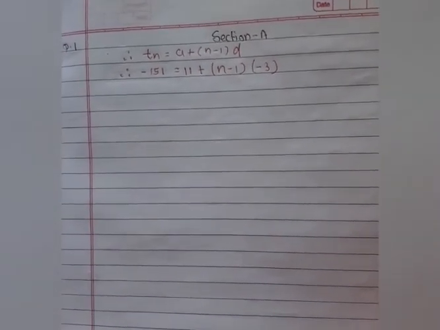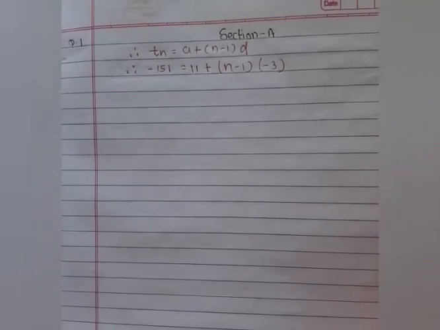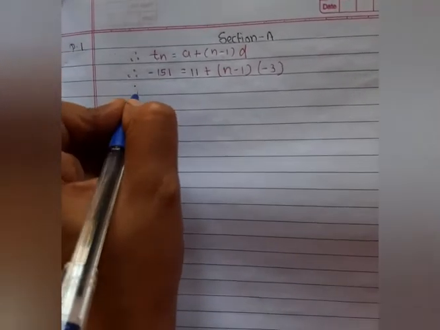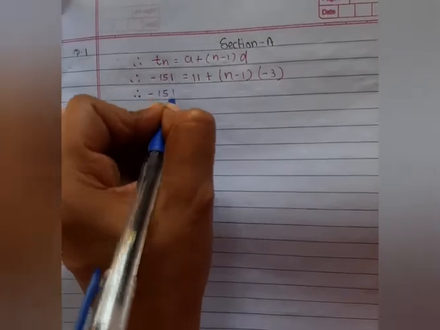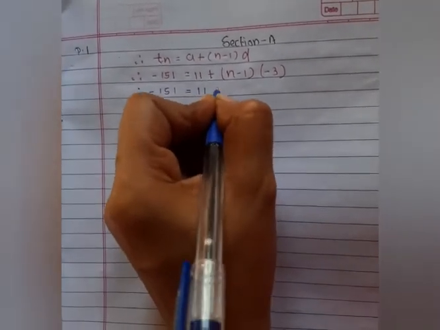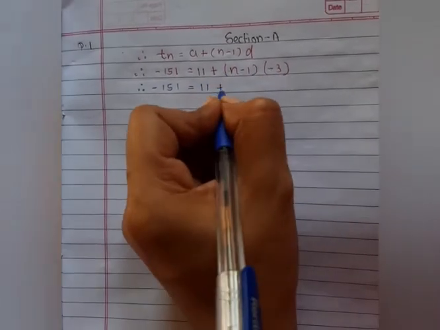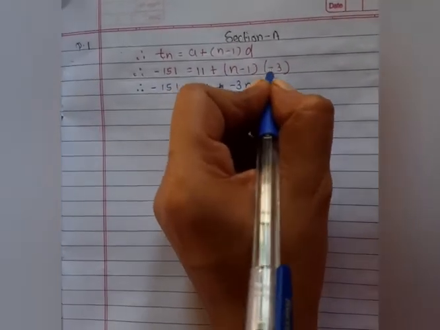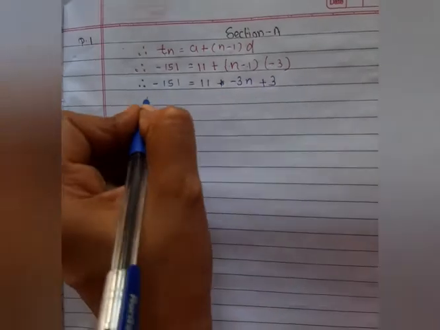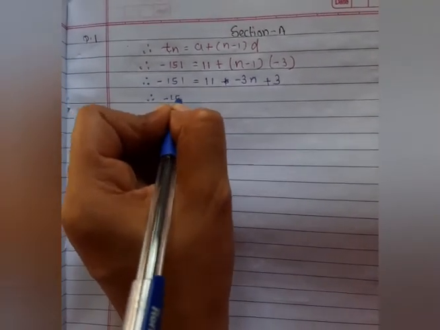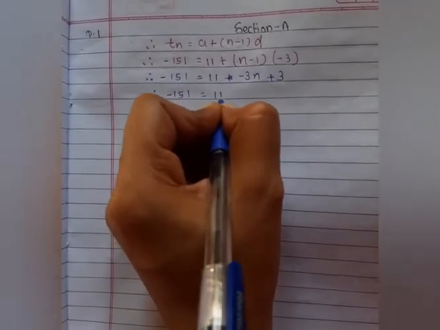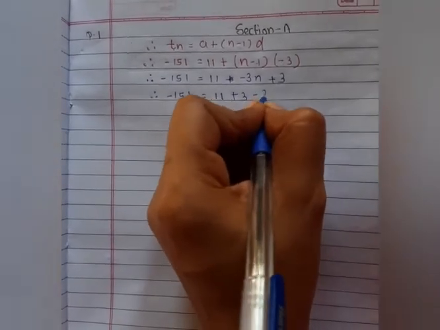So after taking the calculation of this condition, we have minus 151 is equal to 11 plus the bracket. When we simplify this bracket, minus into minus 3n, minus minus becomes plus, and here we are getting minus 151 equals 11 plus 3 minus 3n.